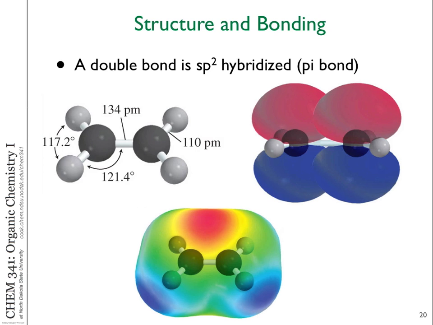The bond length is shorter than a single bond carbon-carbon bond length. That pi bond tends to pull it a little closer together. The electron density of a double bond actually is in that pi system above and below the plane of that nucleus. And reactivity occurs there. We'll talk a lot about reactions of double bonds later.